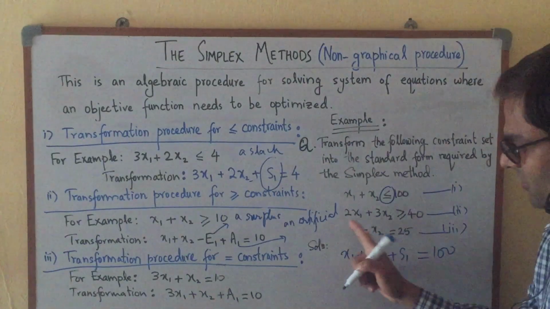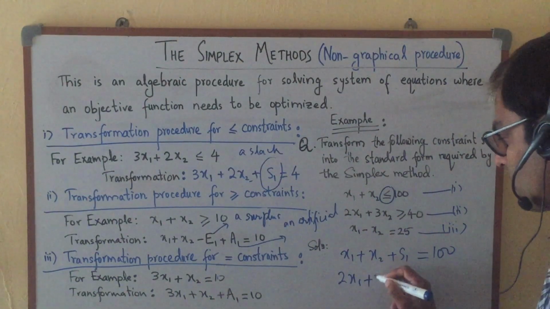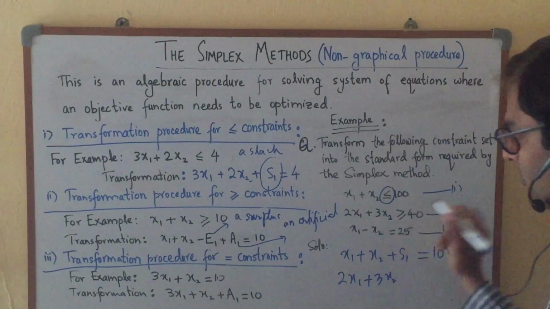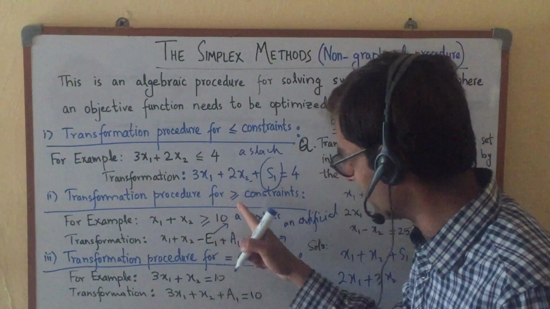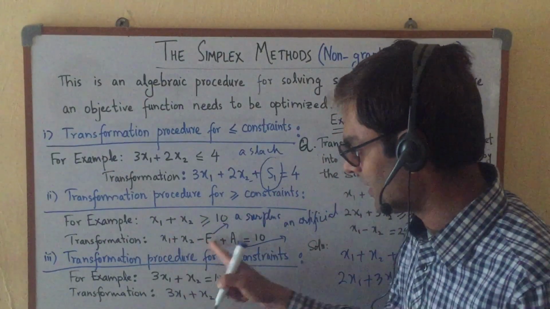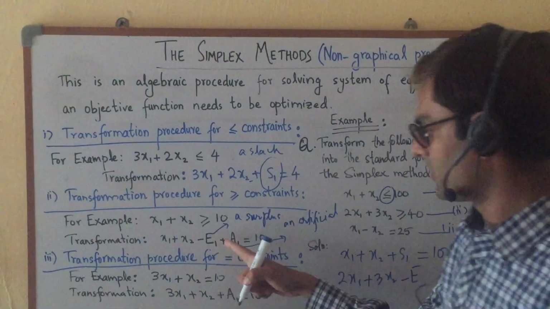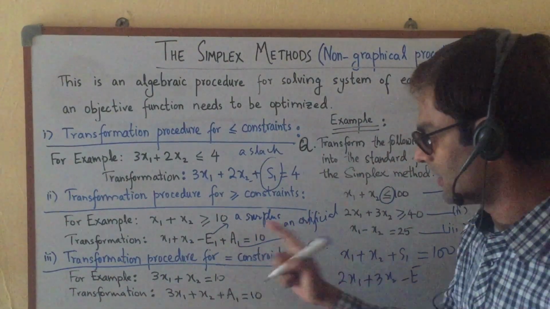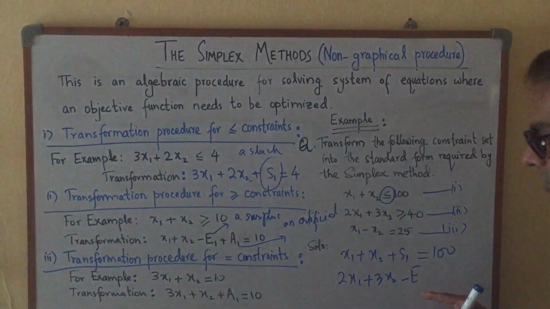For the second equation, 2x1 plus 3x2, you see the greater than or equal to sign. For a greater than or equal to constraint, we add two variables: one is a surplus variable and the second is an artificial variable.